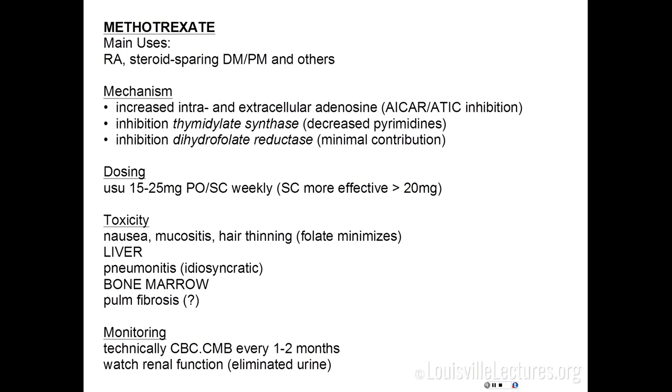And the problem is that most of this pulmonary fibrosis from methotrexate is found in patients with RA, and we know that up to 30% of patients with RA will get pulmonary fibrosis. So is it the methotrexate or is it the natural course of their disease? When you look at patients who were taking methotrexate for psoriatic arthritis, they don't get pulmonary fibrosis. So it's still controversial, but I think we sort of overstate the pulmonary risk of methotrexate.